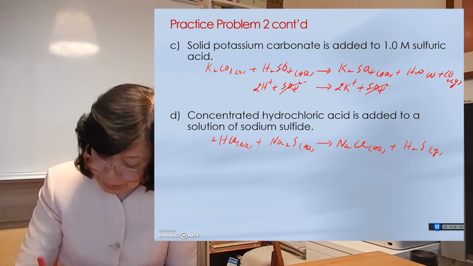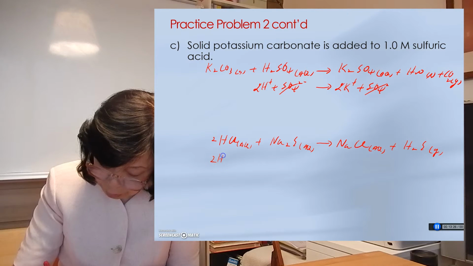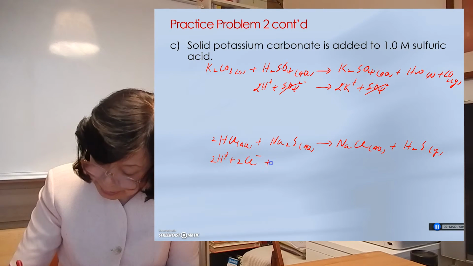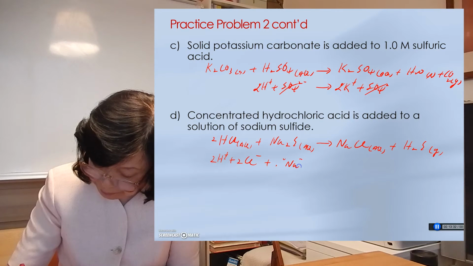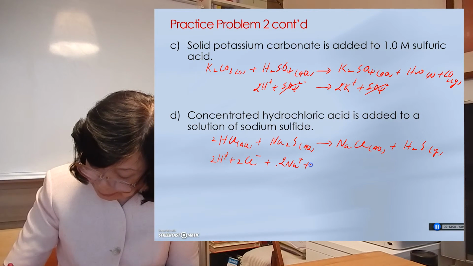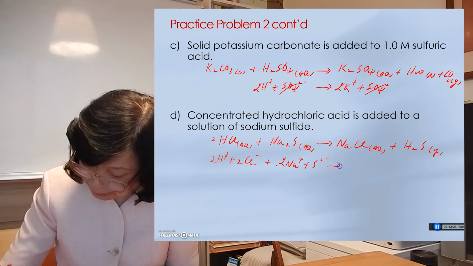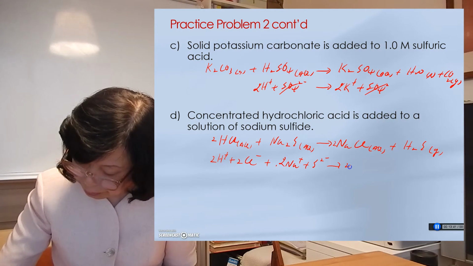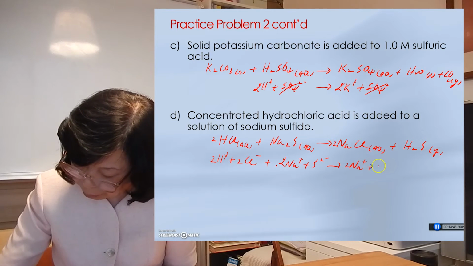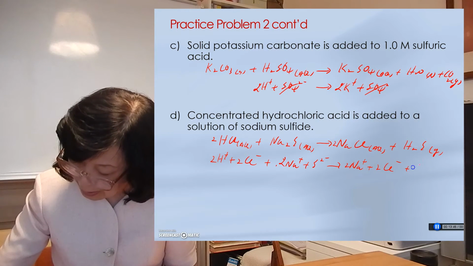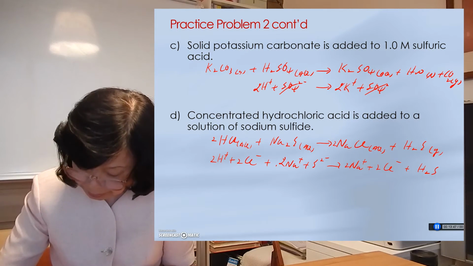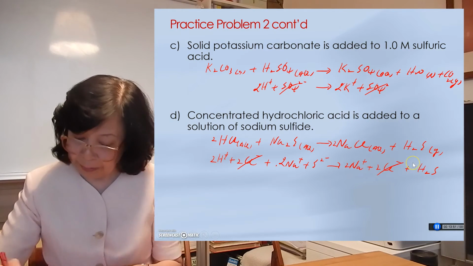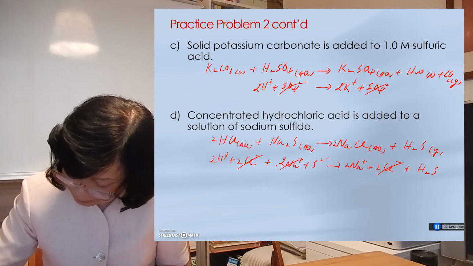So you would dissociate into 2H plus and 2 chloride ion for the strong acid. You would dissociate the sodium sulfide solution into ions. And I forgot to put a 2 here, so I would put 2 Na plus and 2 chloride ion and the gas H2S, and you cross out the spectator ion, the chloride ion. Oh, and the sodium ion as well, of course, that one too.